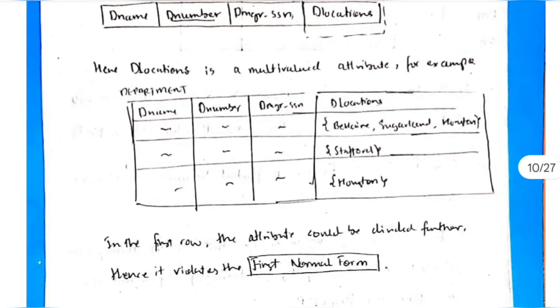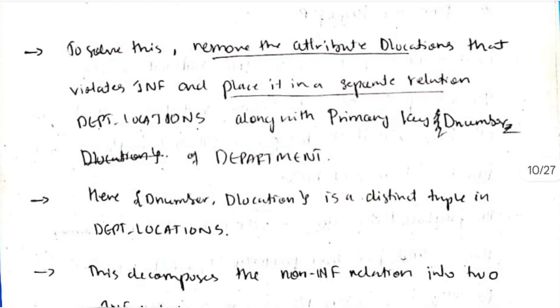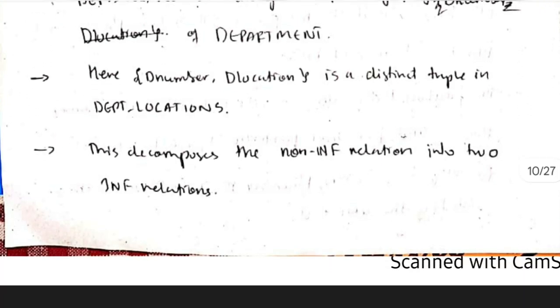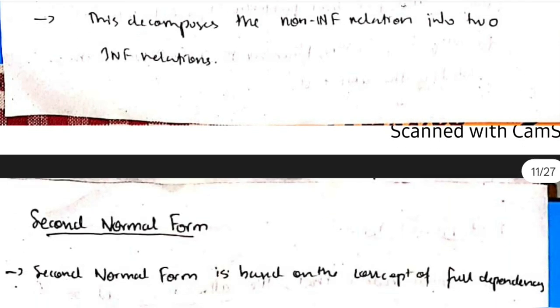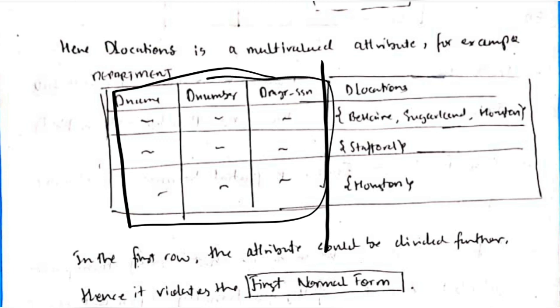So how can we do this one? To solve this, we will be removing the attribute D location that violates 1NF and placing it in a separate relation. So here D number to D location is a distinct tuple in department locations. When we decompose it, we'll be having two 1NF relations instead of one non-1NF relation. What we do is, we'll be separating this one and we'll be having one table this one and another table D name with each D location once.